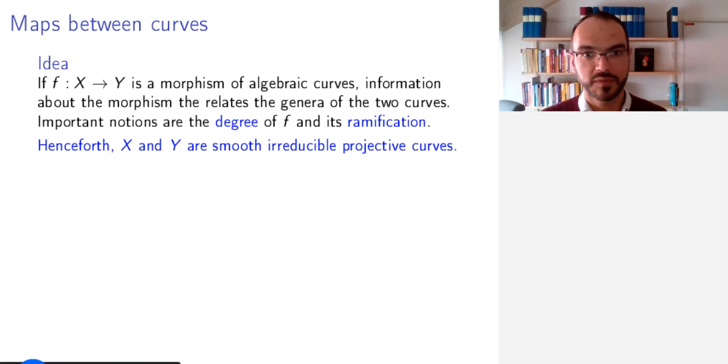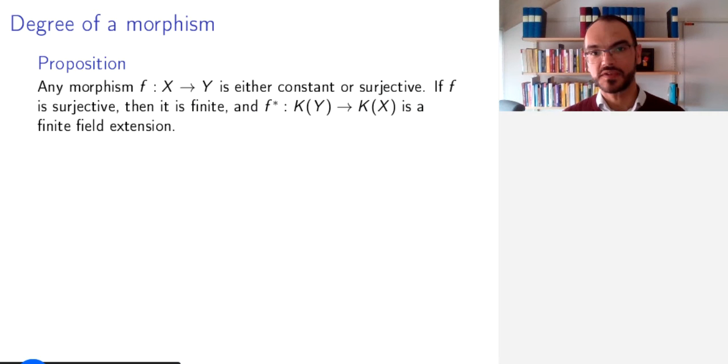From now on, we will look at smooth, irreducible projective curves. So X and Y will always be assumed to be smooth, irreducible projective curves. First, we start with the degree of a morphism. We have a proposition that says that if we have a morphism between these curves X and Y, then either it is constant or it is surjective.